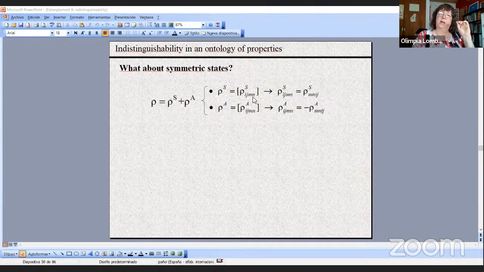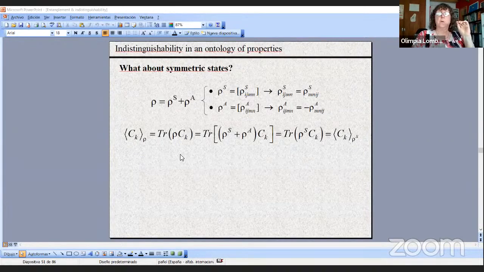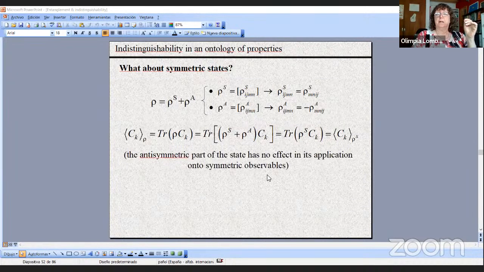When I take the expectation value of any observable of the composite system of indistinguishable bundles, by making the trace, and I decompose the state into the symmetric and the antisymmetric part, the antisymmetric part has no effect on a symmetric observable. This is a mathematical result, of course. For an antisymmetric operator and a symmetric operator, the trace is 0.